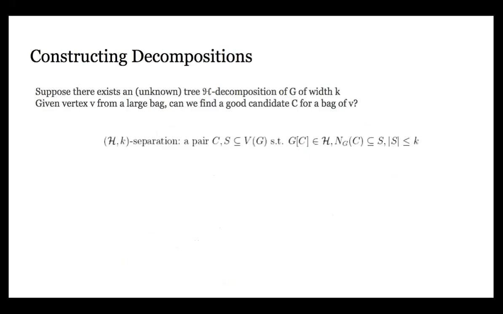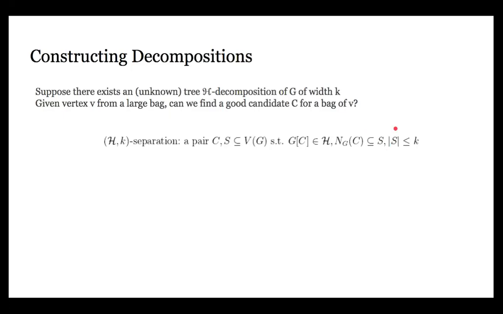So let us formalize this as an H-k separation. This is a pair of vertex sets C, S, such that C induces a graph belonging to the target class, the neighborhood of C belongs to S, and S has bounded size.